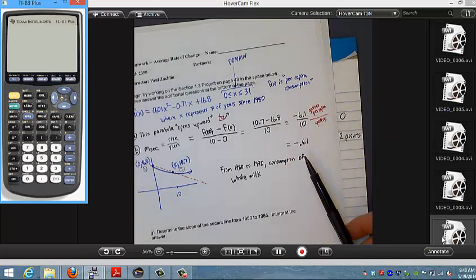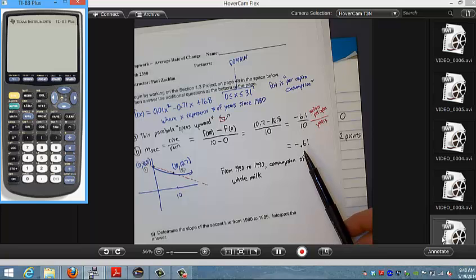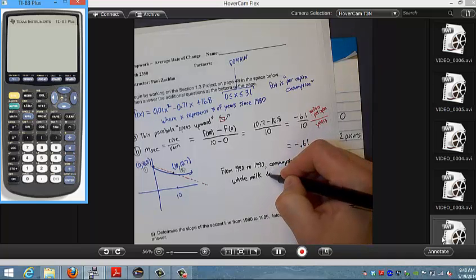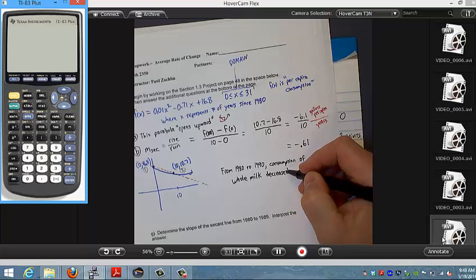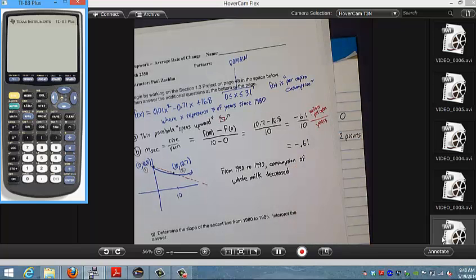Well, one way I know it, even without the graph, is I see a negative slope. Decreased. What we're saying here is how quickly it decreased. A rate. That's right. And guys, this is not by accident.